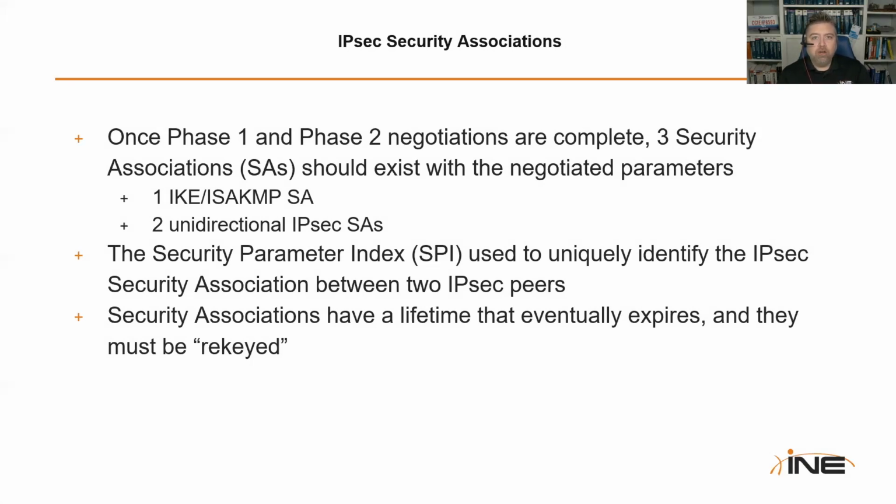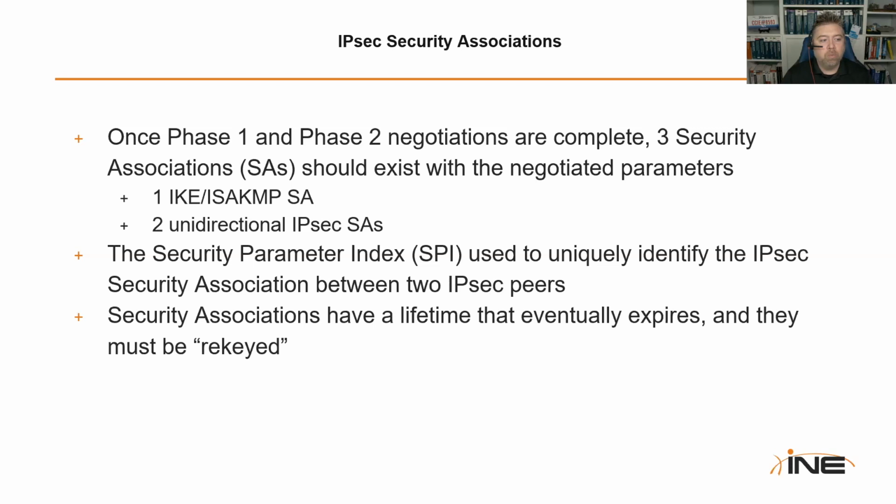Okay, so once we're done with phase 1 and phase 2 negotiation, we should be left with 3 security associations that represent our negotiated parameters. We should have 1 security association for phase 1, which is going to be the IKE or the ISAKMP SA, and then we should have 2 unidirectional IPsec security associations, one going outbound to the peer, one coming inbound from the peer, where we are negotiating our hashing, our encryptor, the lifetime of the session, and so on and so forth.